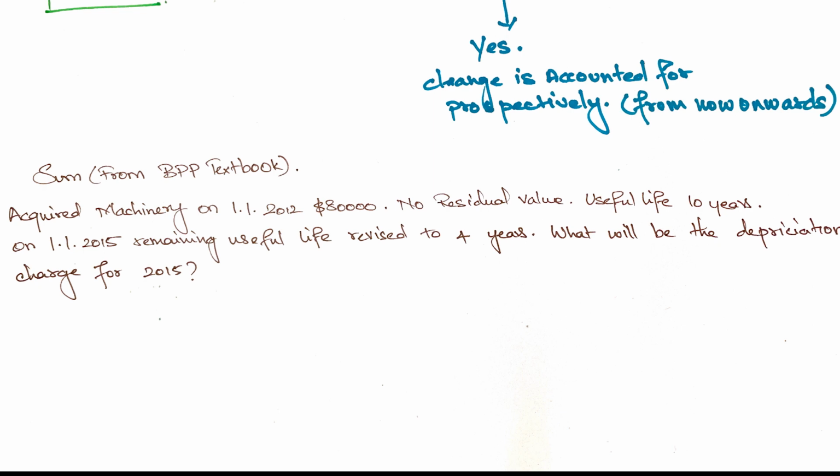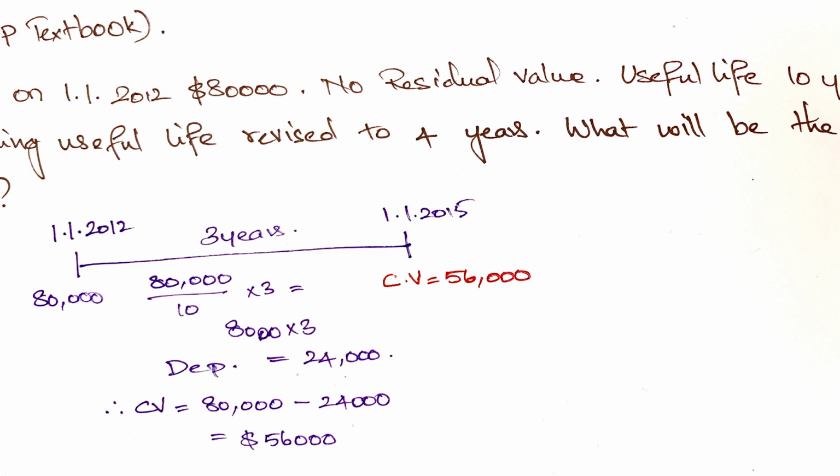So first you need to find out the carrying value of the asset at 2015. So let's draw up a timeline. At 2015, you would have depreciated it for 3 years. So since it has a nil residual value, it's 80,000 divided by 10, which is 8,000 per year, into 3, 24,000 for 3 years. This is your depreciation. So your carrying amount by the end of year 3 would be 80,000 minus depreciation of 24,000, which is 56,000.